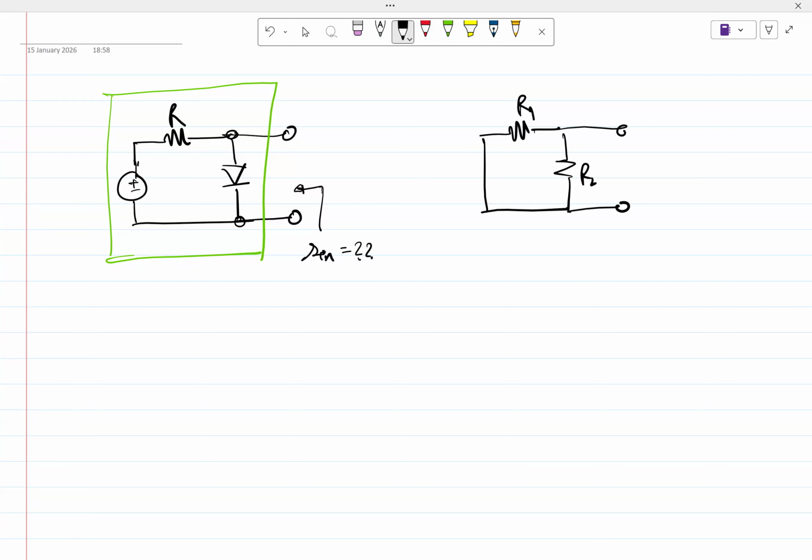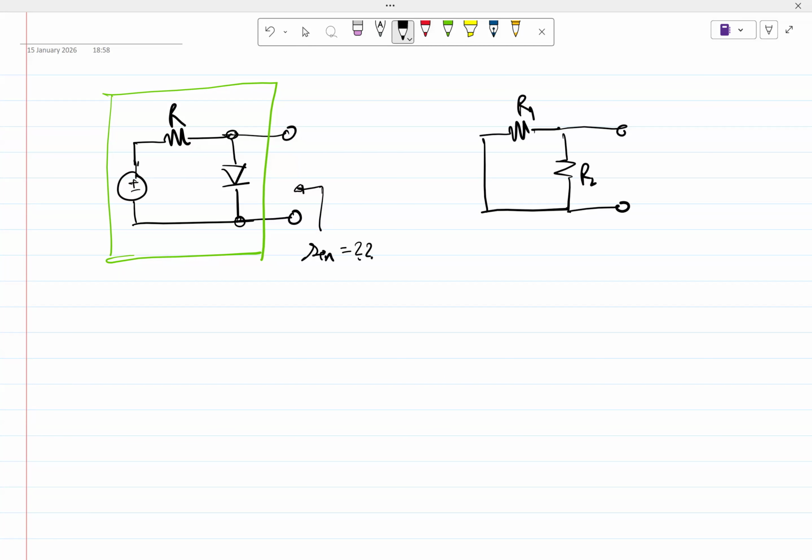In general, if you have to find out, what we do is apply some sort of test voltage and find out the current through it, and graph the voltage and the current, and the ratio of that is essentially your impedance, right? So that works always, but when you are talking about nonlinear networks, you have to be slightly careful.